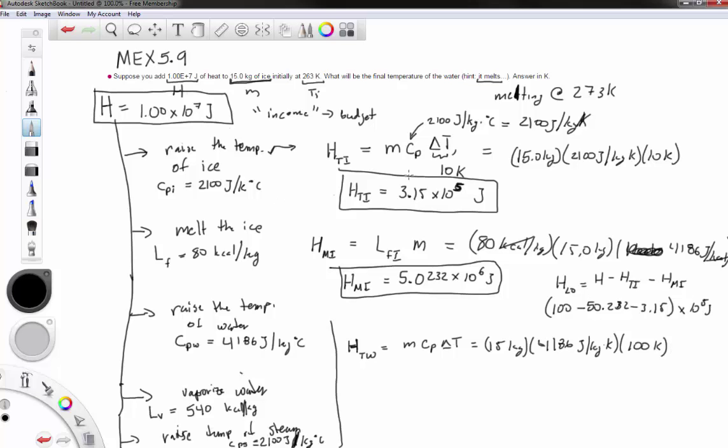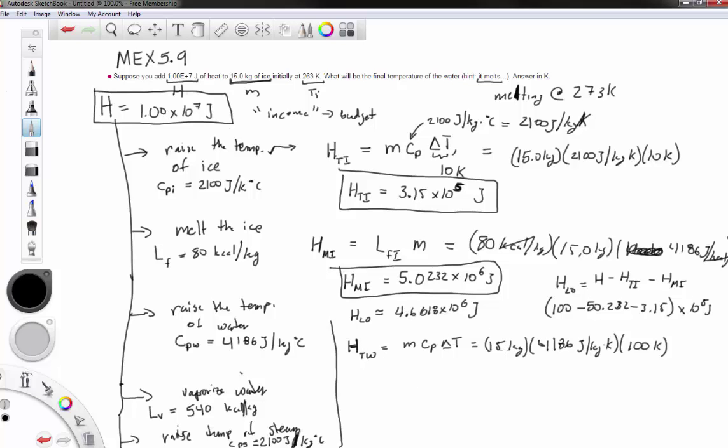So the question is, is this going to be greater than or less than the leftover heat from these two processes, which was 4.6618 times 10 to the 6th joules? If this number is bigger than this number, then we're not going to make it to the boiling point, and so our answer will be whatever temperature we end up on.